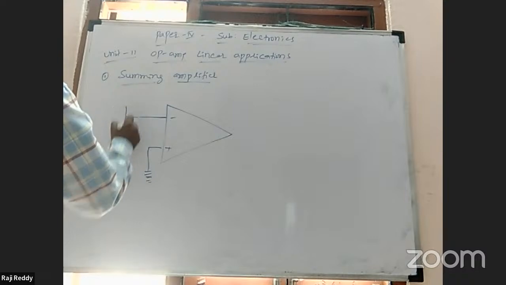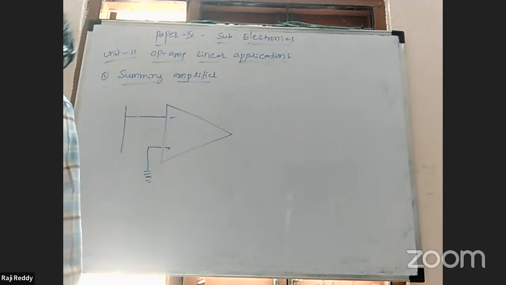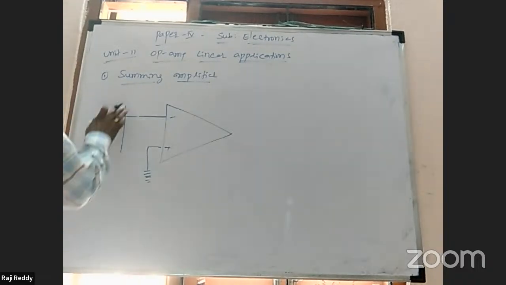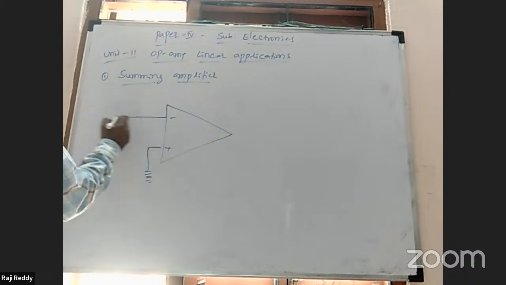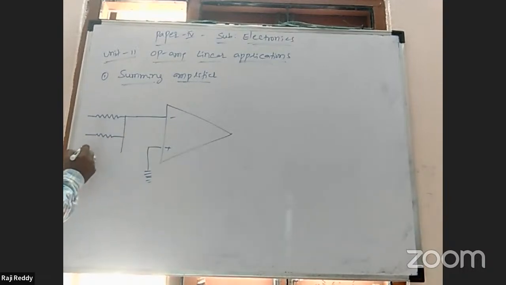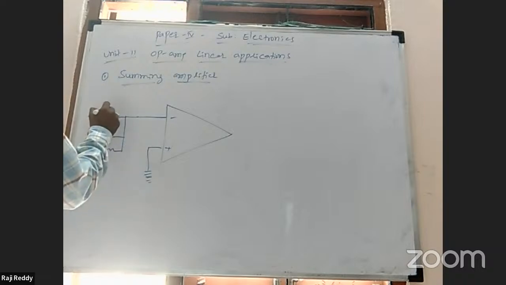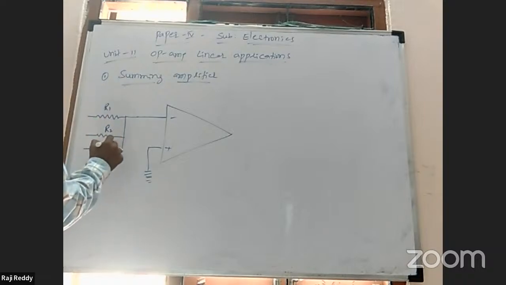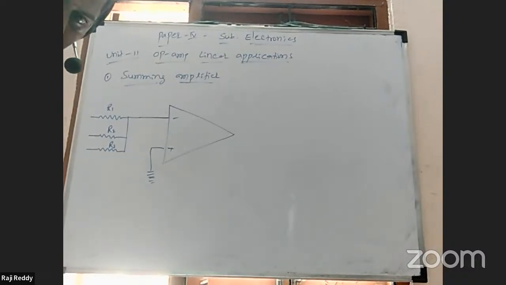In that input, we can consider 4 resistors or 3 resistors, based on the possible combinations. So I'm taking 3 input resistances, R1, R2, R3, connected in parallel.